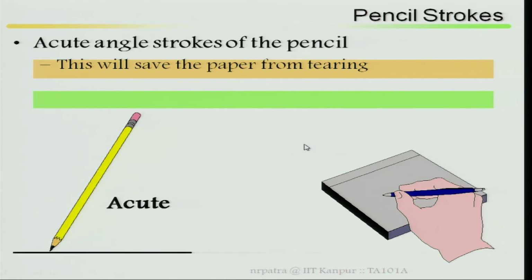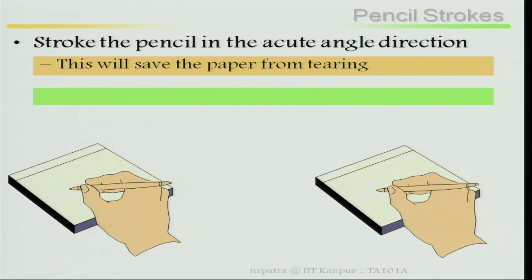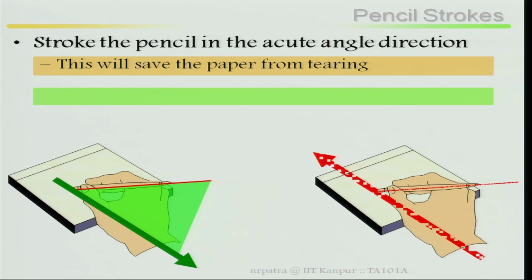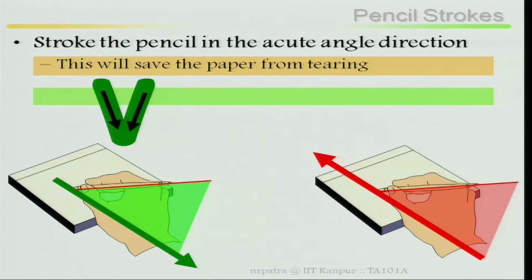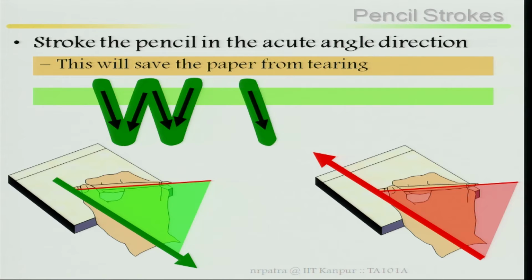Suppose I hold my pencil like this, then it may tear the drawing paper. The moment you hold it like this, this is the acute angle, so you can draw smoothly. Stroke the pencil in the acute angle direction, as I said. Look at which is right and which is wrong. If I want to write a W, how am I going to write it?